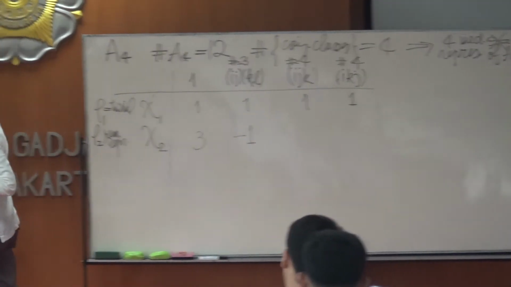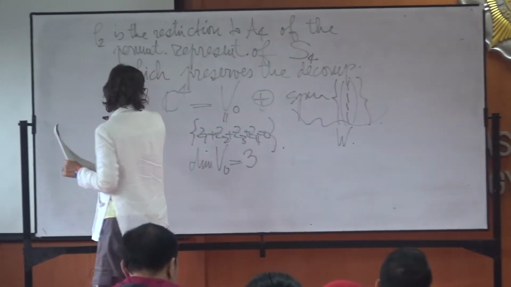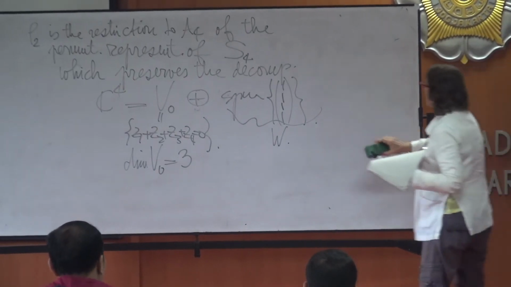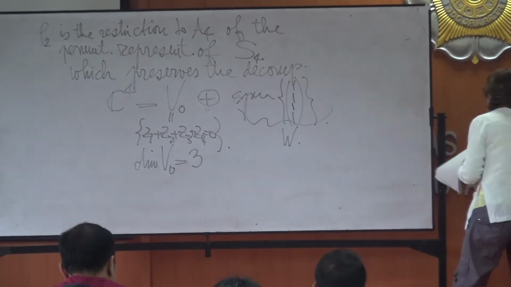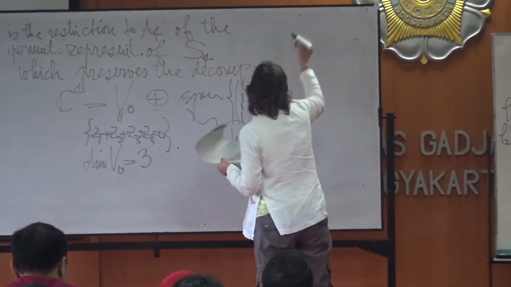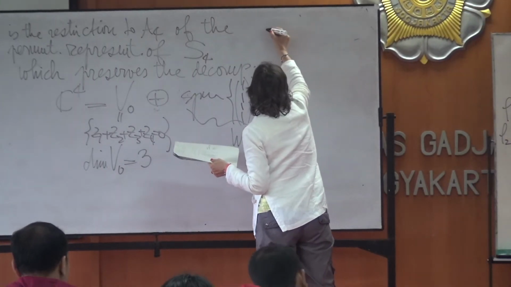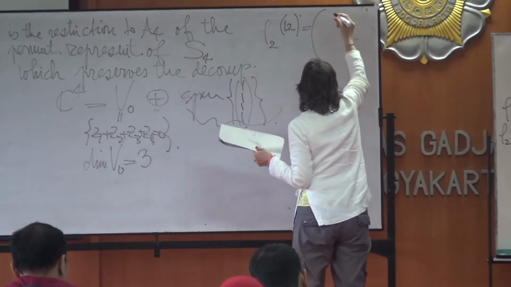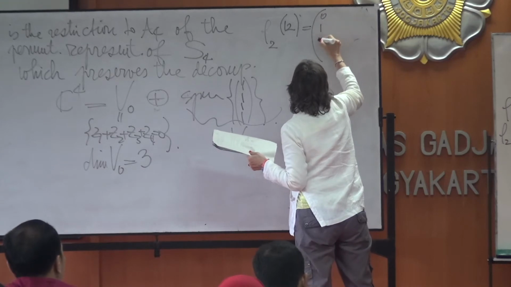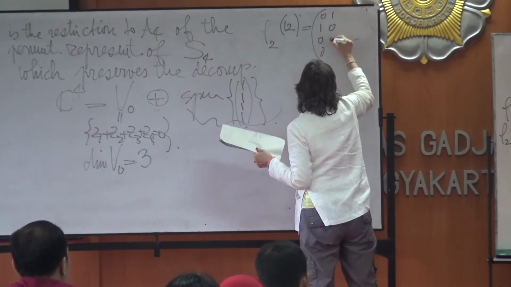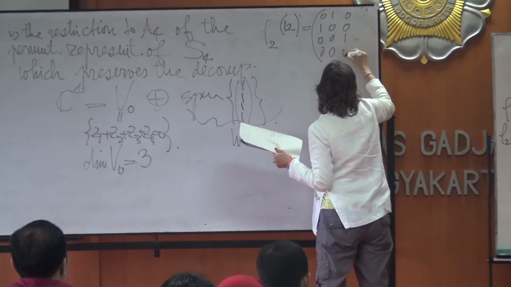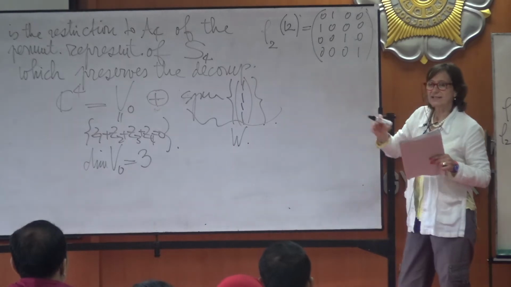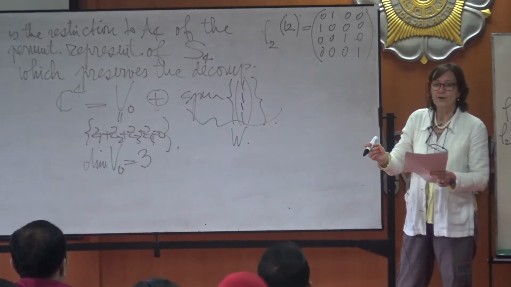Because if I look at the permutation representation, let's say rho 2 of the cycle (1 2), you remember, is given by the matrix 0 1 0 0, 1 0 0 0, 0 0 1 0, 0 0 0 1. So this is the matrix of the action on all of C4.